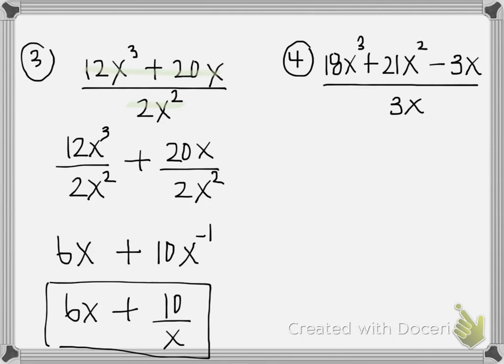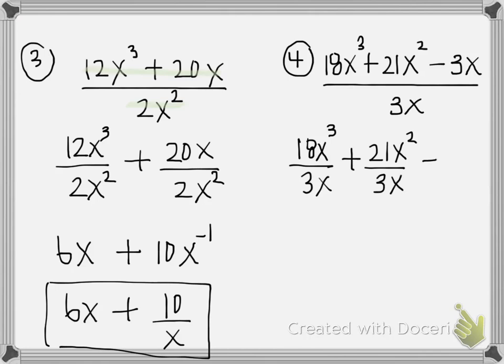Same thing over here. So separate each one. So 18x cubed over 3x plus 21x squared over 3x minus 3x over 3x. So each one of them is going to get divided by the monomial.